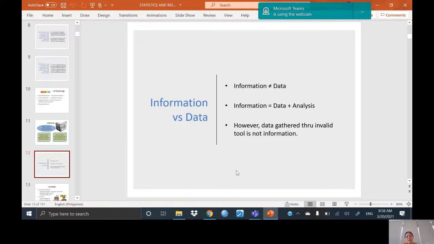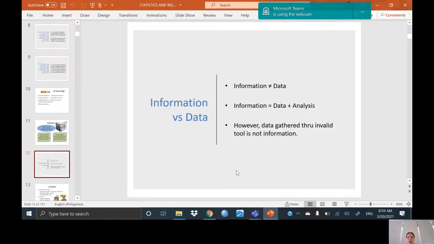Okay, what do you mean by invalid? Of course, there are certain qualities that you have to ensure in your tool. So, for example, if you want to determine your height, what tool would you use in order to measure height? Would you use the weighing scale, the bathroom scale?